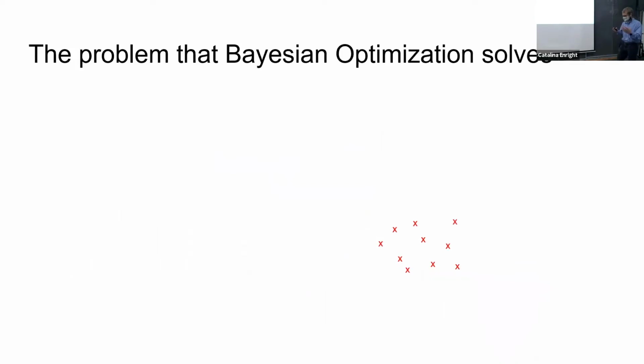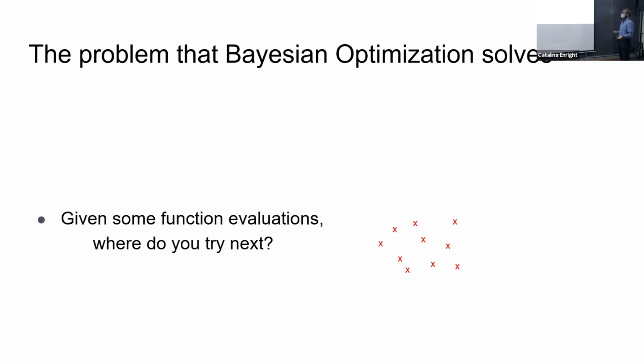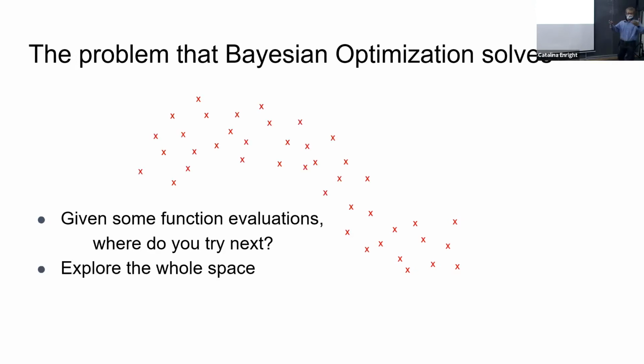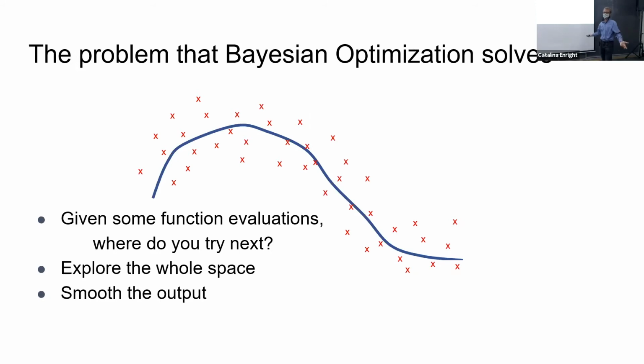Okay, so just thinking again about this and the problem that Bayesian optimization solves, I've run my complicated, lengthy simulation for a number of parameter settings, and the problem is I can't decide which direction is up from this. I can't decide which direction to go in. So where do I try next? If I can't decide where to try next, one possibility would be to explore the whole space and then smooth it out and pick some spot in the optimization space.